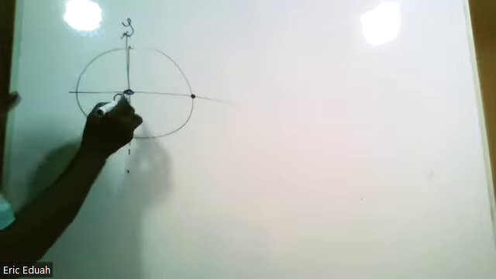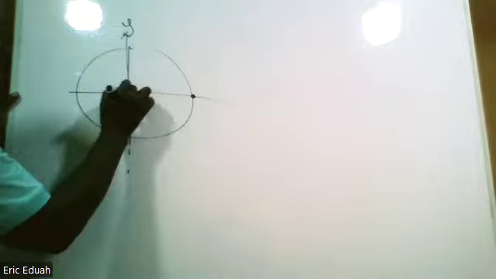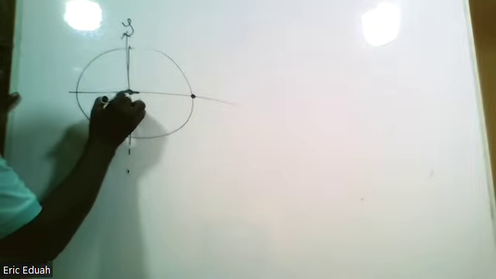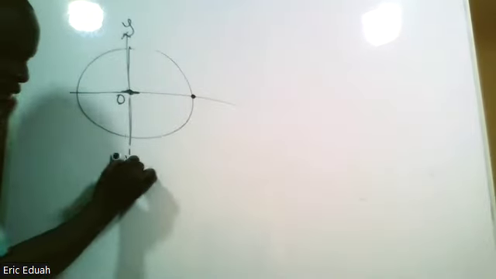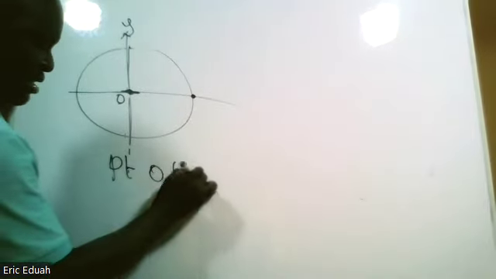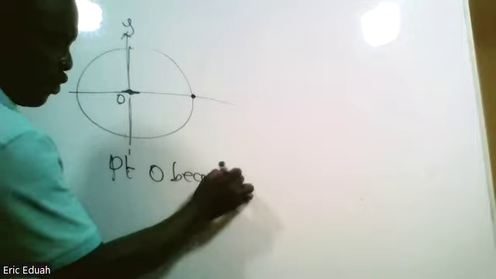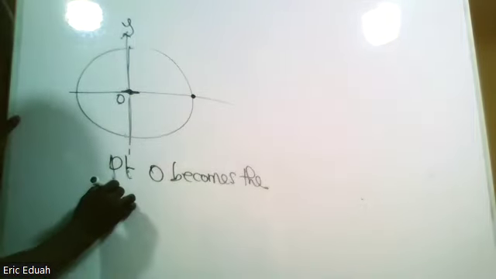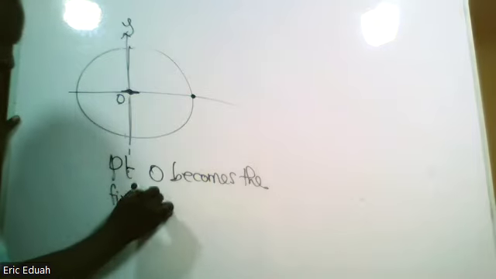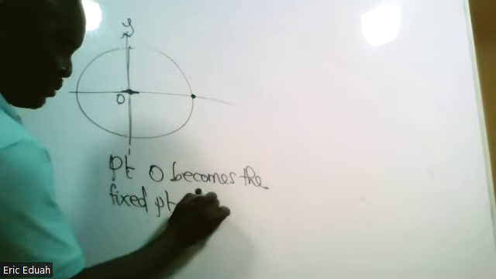It is moving up and down around this point O. And so O becomes the fixed point, or the equilibrium position.